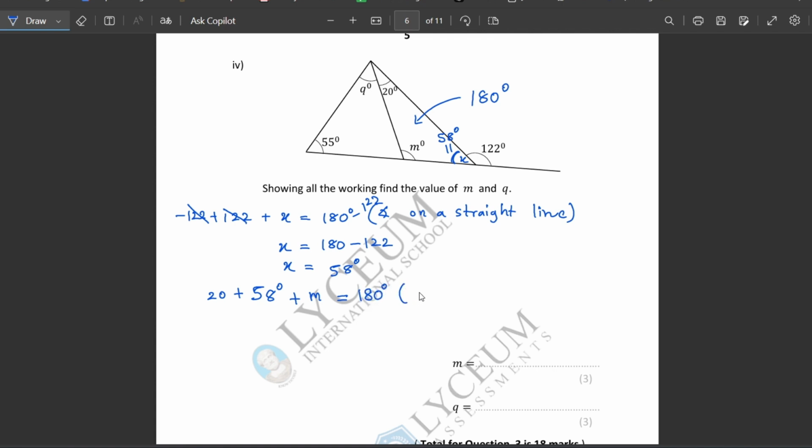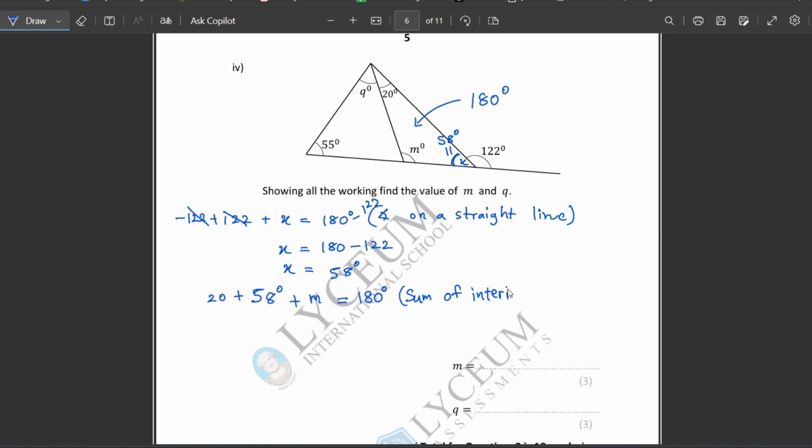The reason for that is the sum of interior angles in a triangle.